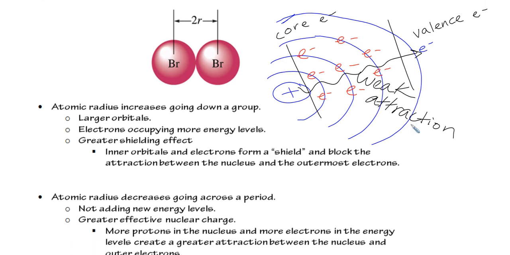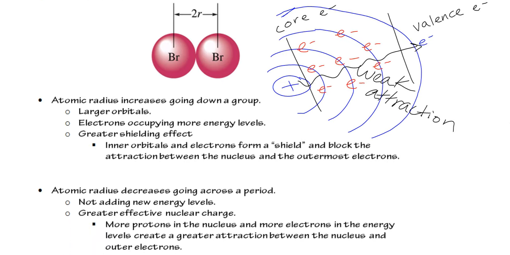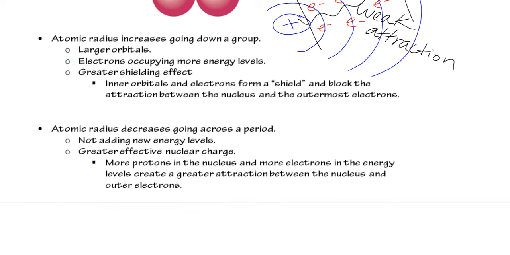Going across the periodic table, unfortunately, here's the trend that people struggle with a little bit. Going across the periodic table, atomic radius generally decreases. And what people don't understand is this. Let's pick a group of atoms. Let's go boron. So here's boron, element number 5.